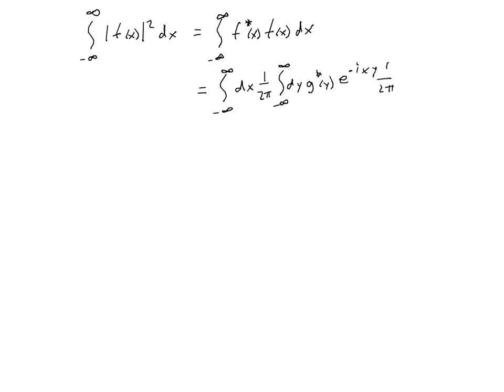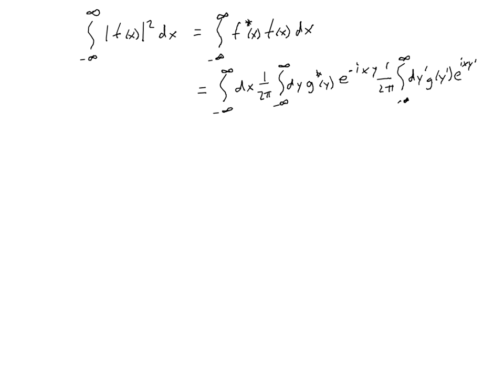And then you have the other term, which comes from the f of x, where you have, I'm going to call this y prime, g of y prime, and then e to the i x y prime.